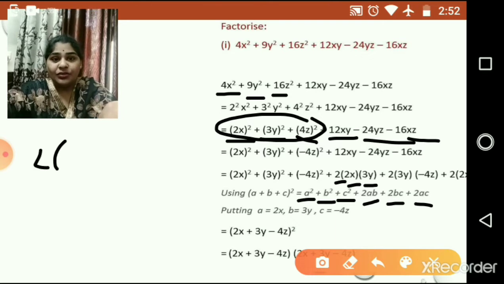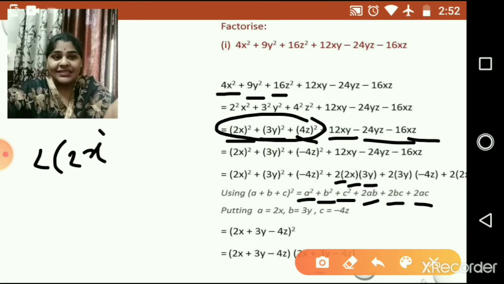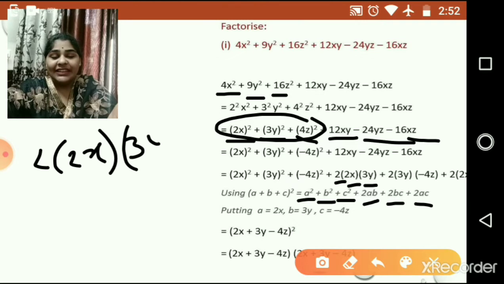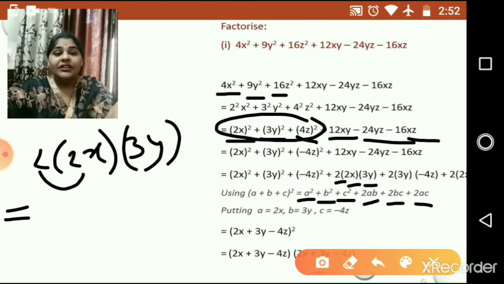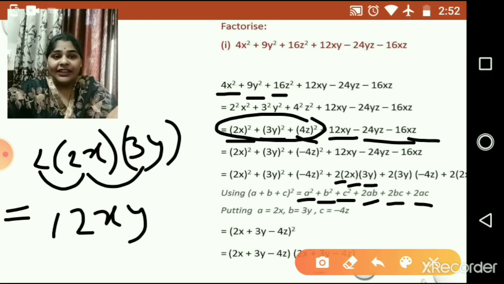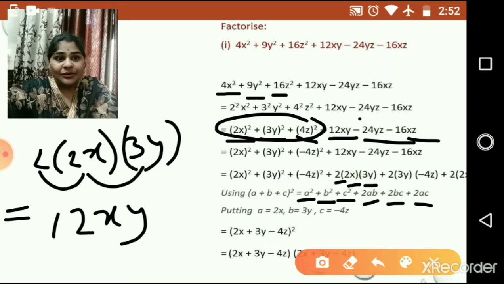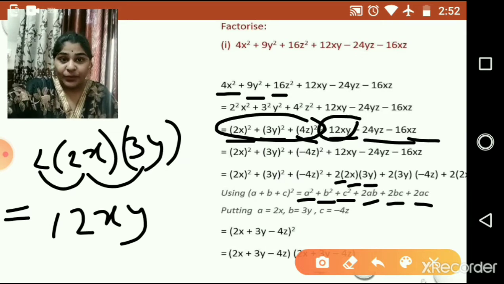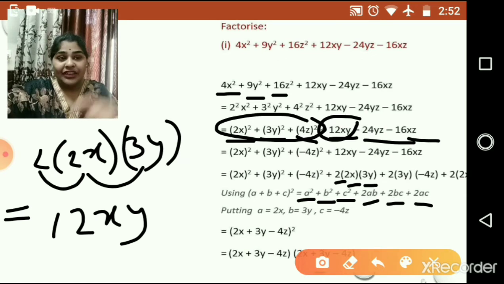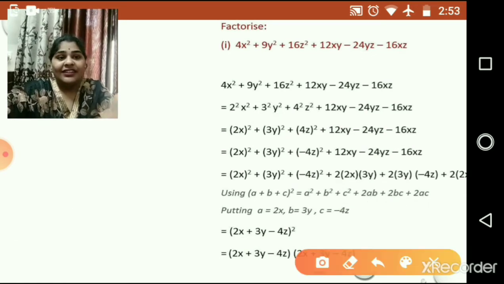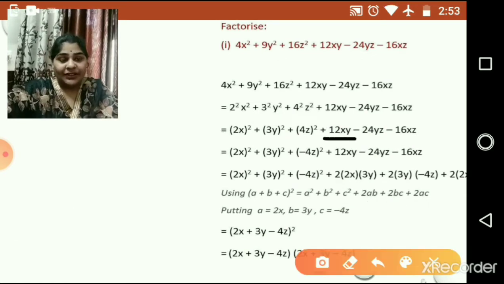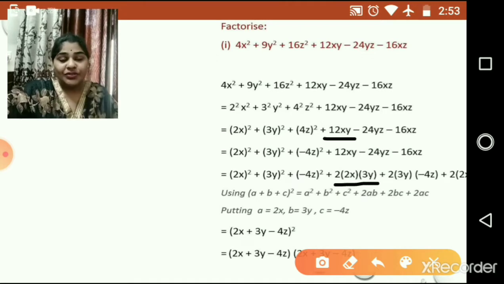It is 2 into 2x into 3y. So how much will I get? 2 multiplied by 2, 4. 4 into 3, 12. 12xy. Yes. Is it equal to this term, that is 12xy? Yes. So this 12xy we have written as 2 into 2x into 3y.